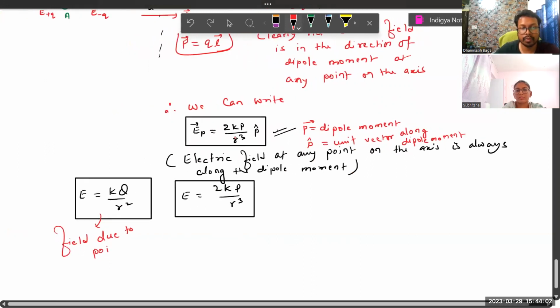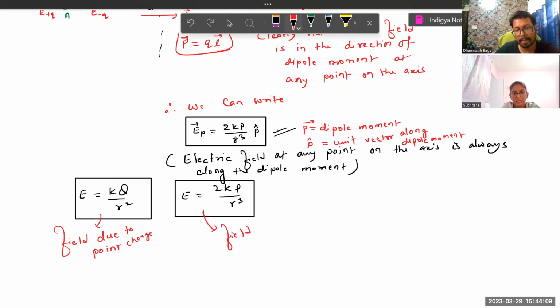So field due to a point charge is this, and this is field due to a dipole. Clearly see what is the difference between them.